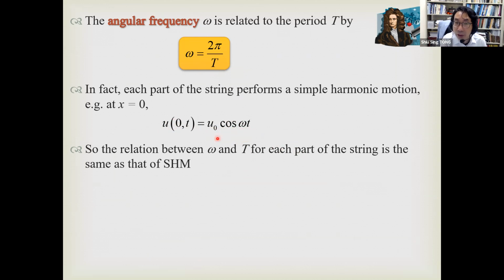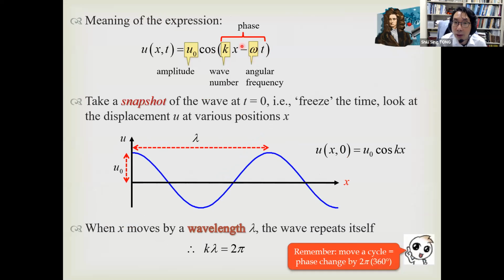If you look at another x position, for example, x naught, then apart from this constant phase, the particle still exhibits a simple harmonic motion. But there's a phase difference between the particle at x naught and a particle at x equal to 0. They may vibrate at different phase, but they both vibrate in a simple harmonic motion.